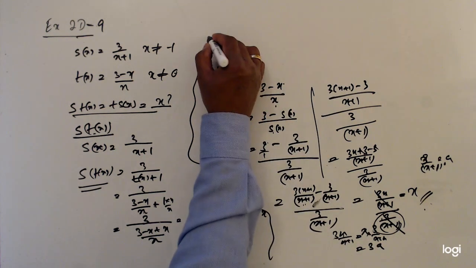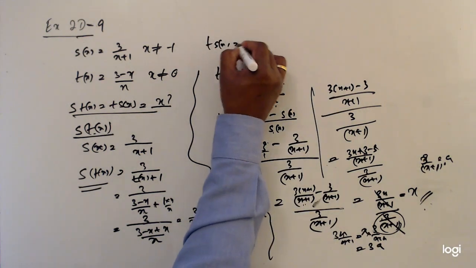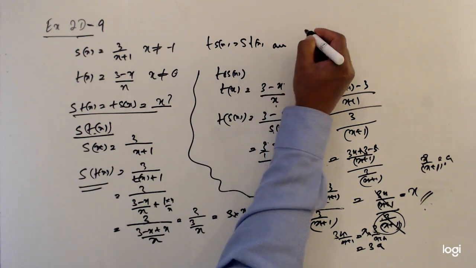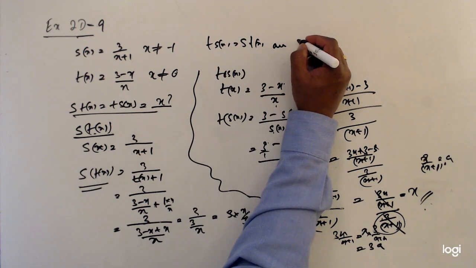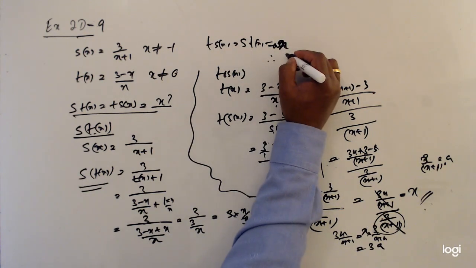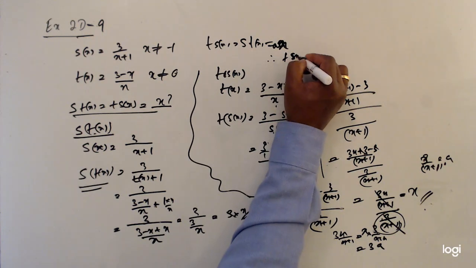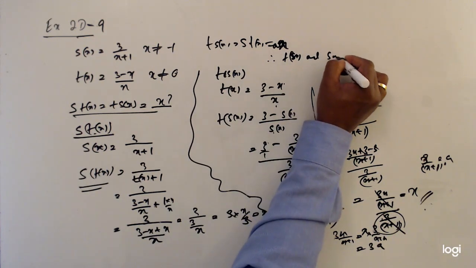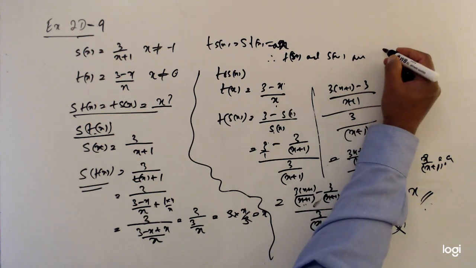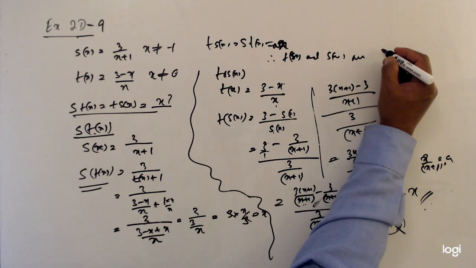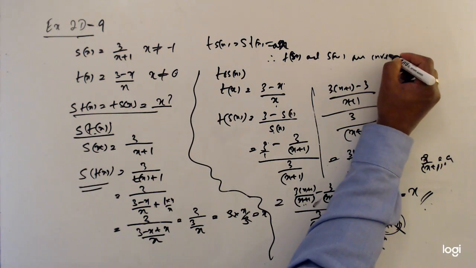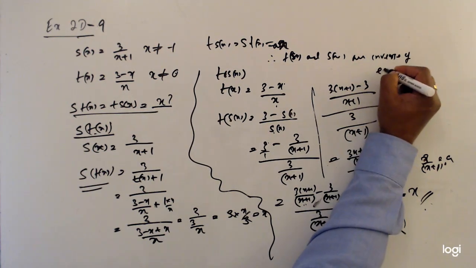Hence you can write TS(x) and ST(x) are equal to x. Hence T(x) and S(x) are inverses of each other.